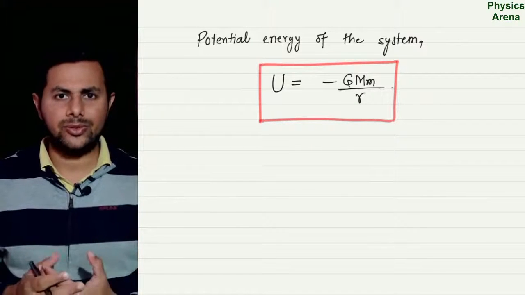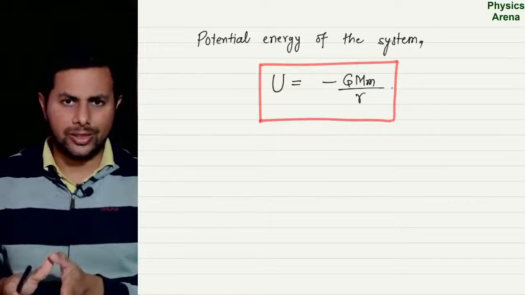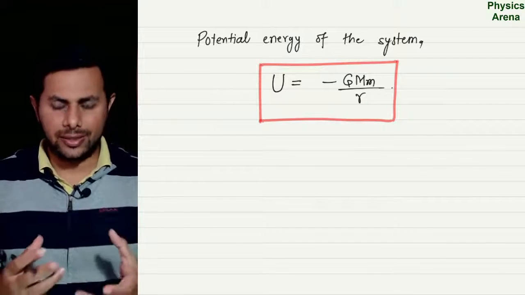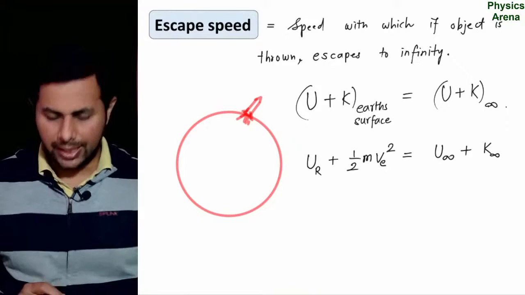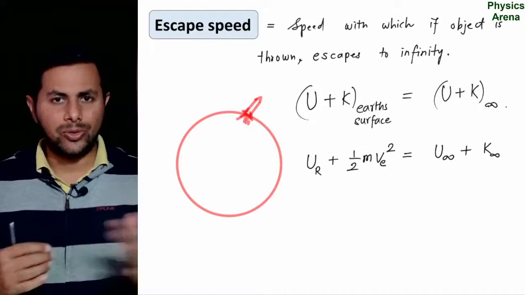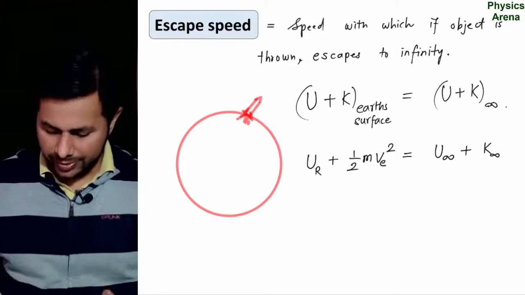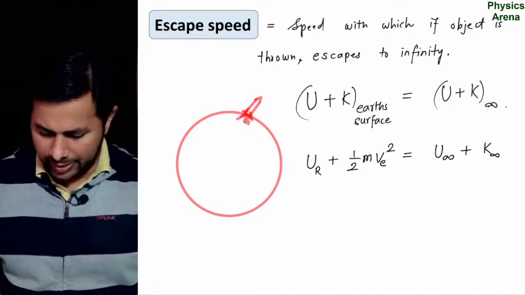And if we substitute r equals infinity in this formula, again we get U at infinity equals 0. So we are defining it in that way, that gravitational potential energy at infinity is 0, and we are calculating all potential energies with respect to that, just like we did for the spring.